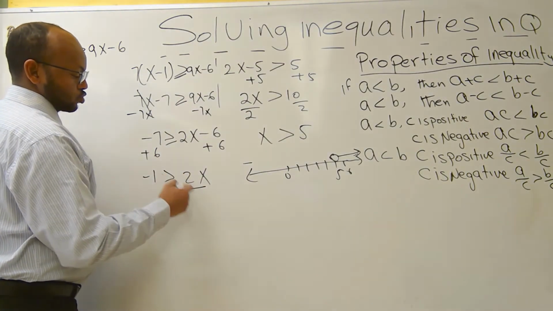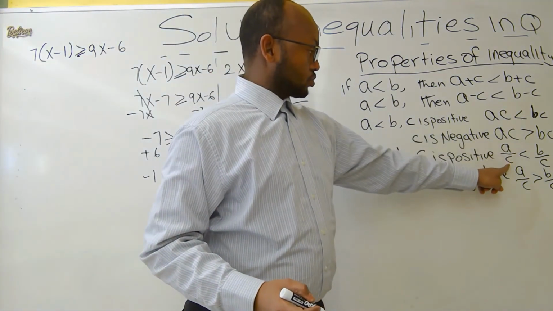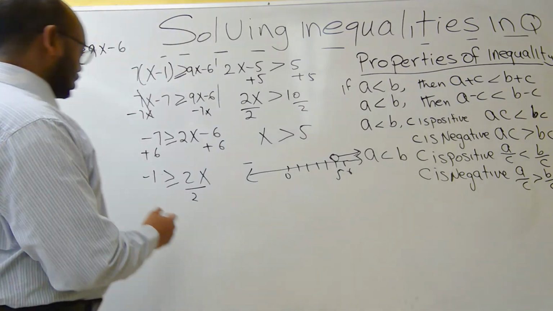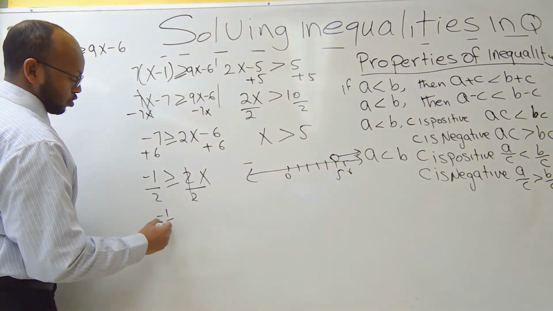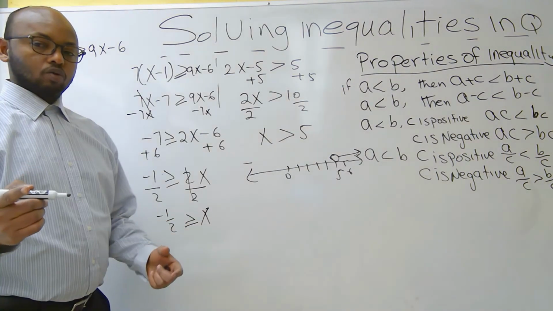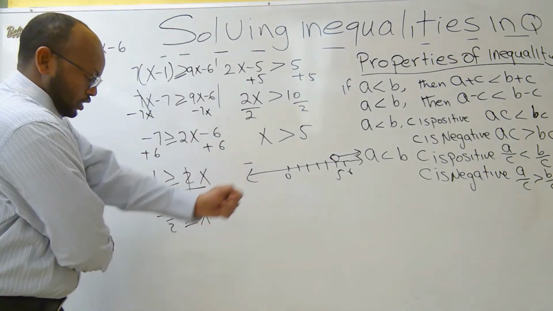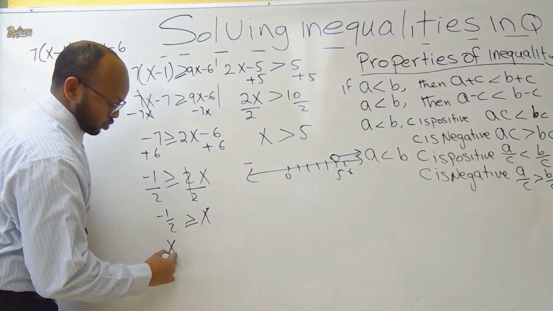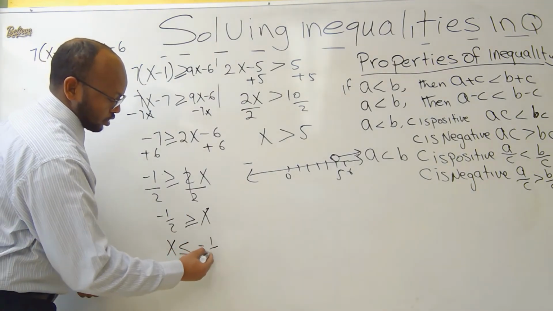I will divide by 2, which is positive, so the sign will stay as greater than or equal to. So this is gone. We have negative 1 over 2 greater than or equal to x. The other strategy I will mention is that we can rotate. When we rotate, the variable goes here, and the less than or greater than sign goes to the other side.